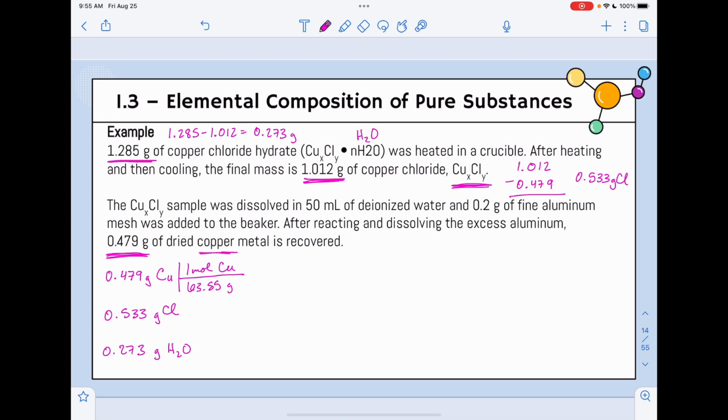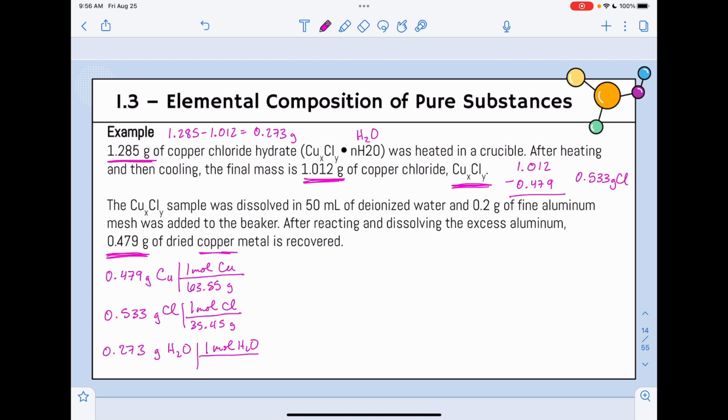63.55 grams is the molar mass of copper. My molar mass of chlorine is 35.45 grams. And then my molar mass of water is 2 hydrogens plus 1 oxygen.